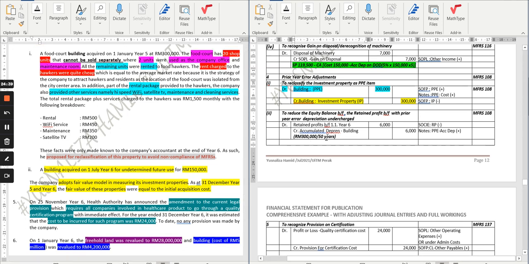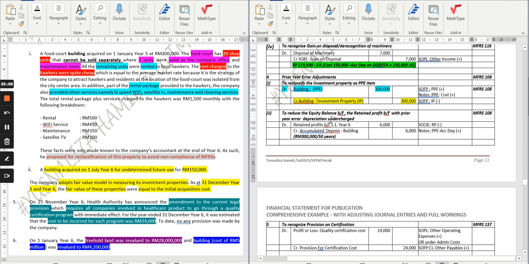And here you need to go and provide the depreciation: 300,000 divided by 50 years starting from 1st of January, year 6. You cannot go and debit depreciation for that period, because that was happening from 1st of January year 5 until 31st of December year 5. What you can do is reduce the retained profit or the equity balance brought forward with the prior year depreciation that was undercharged.